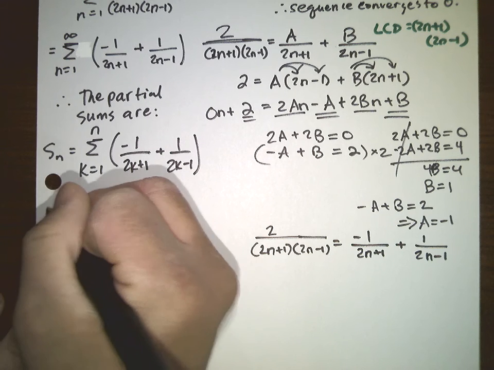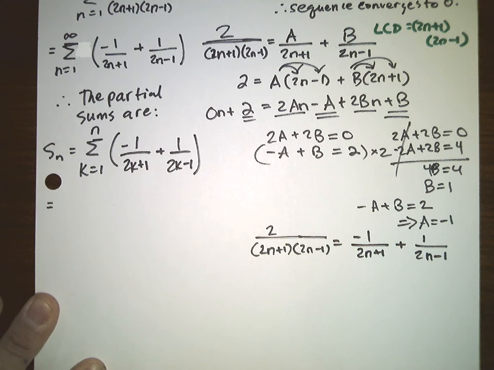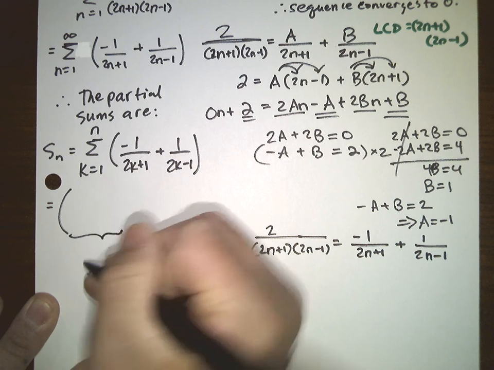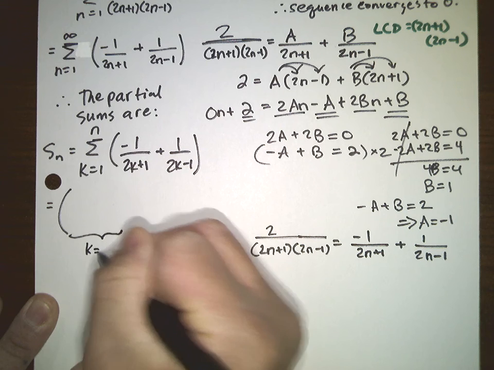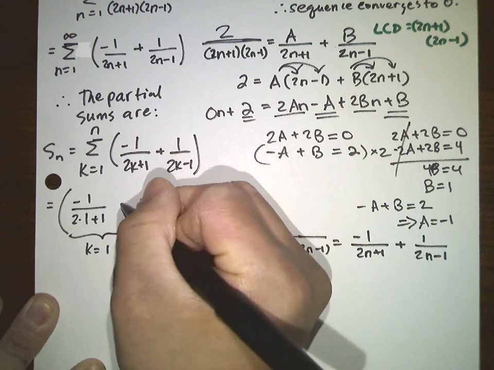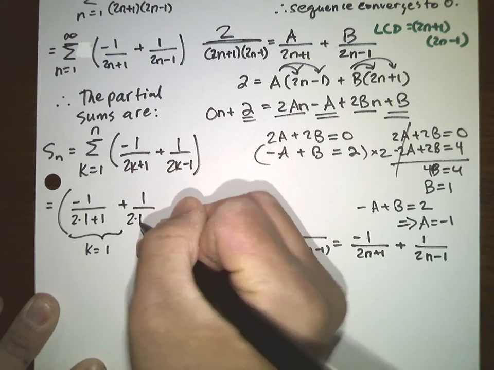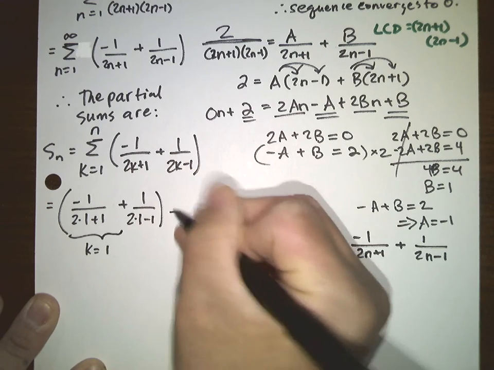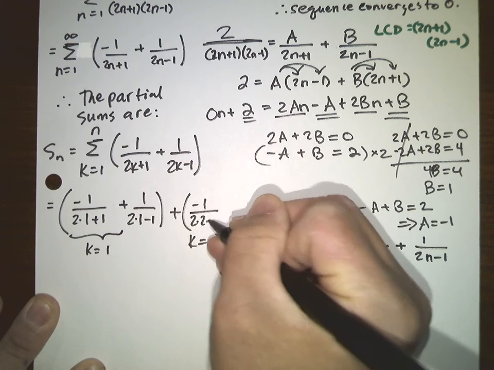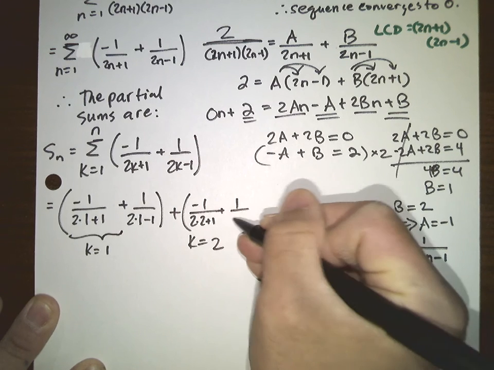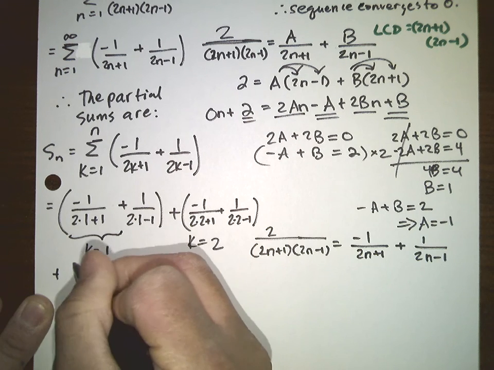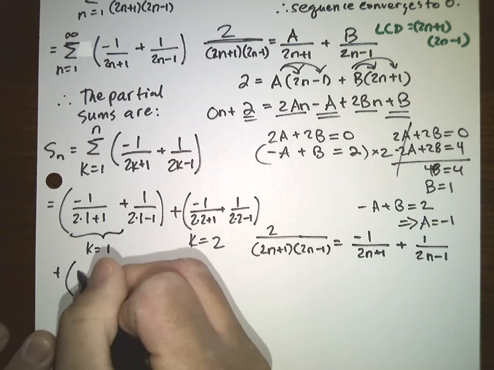Then if I go about my business here and just rewrite these terms out, just like in the last example, if k is 1, I get negative 1 over 2 times 1 plus 1 plus 1 over 2 times 1 minus 1. If k is 2, I get negative 1 over 2 times 2 plus 1 plus 1 over 2 times 2 minus 1, and so on and so forth.